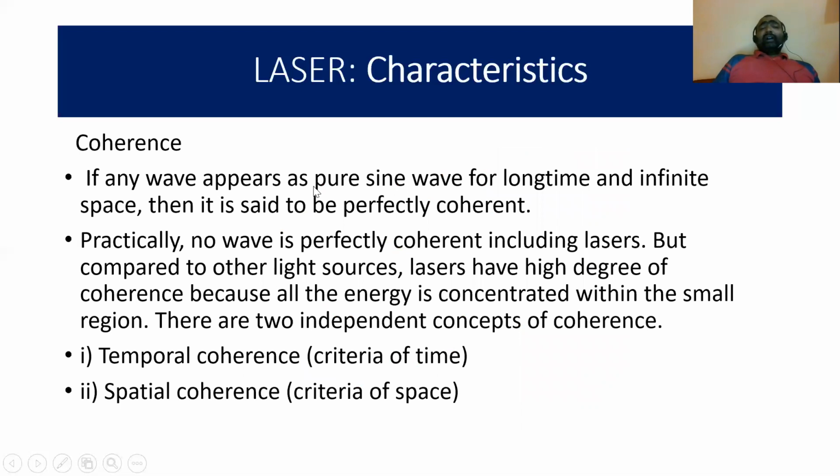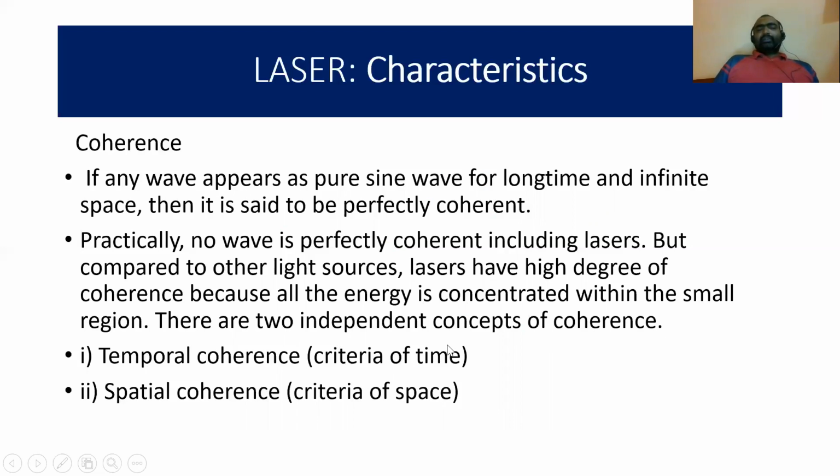If any wave appears as a pure sine wave for longer times and infinite space, then it is said to be perfectly coherent. Practically no wave is perfectly coherent, including lasers. But compared to other light sources, lasers have a high degree of coherence because all the energy is concentrated within a small region.